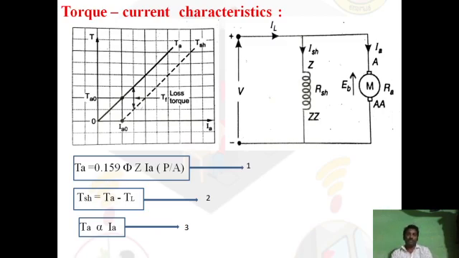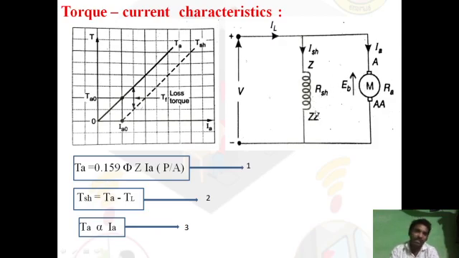So the first one is the torque current characteristics, as I have already told, which is also called torque load or electrical characteristics. Here, this is the DC shunt motor diagram we have shown.